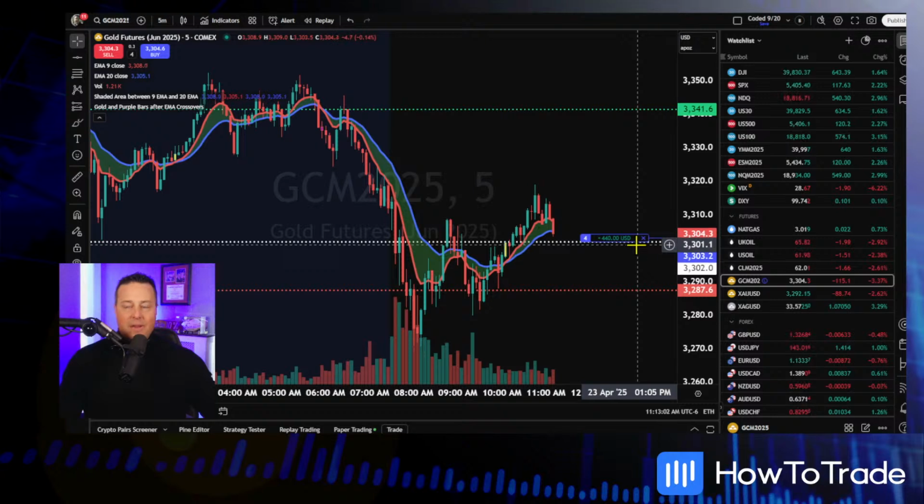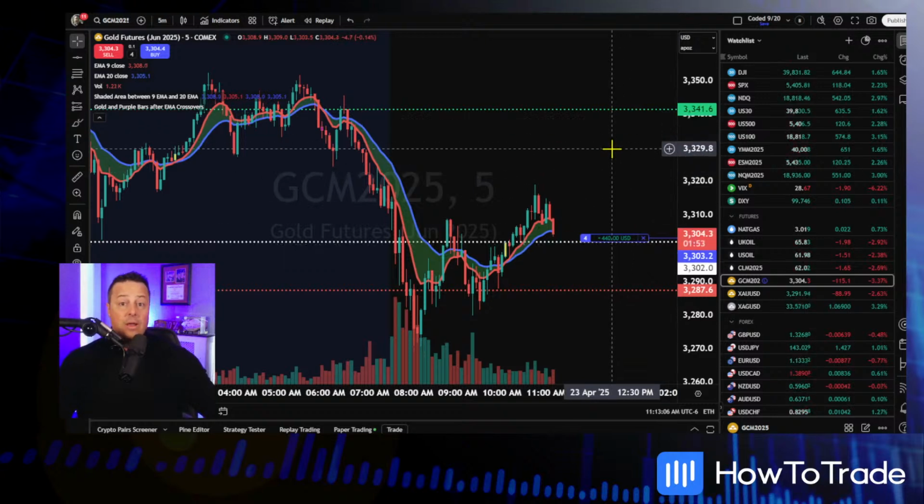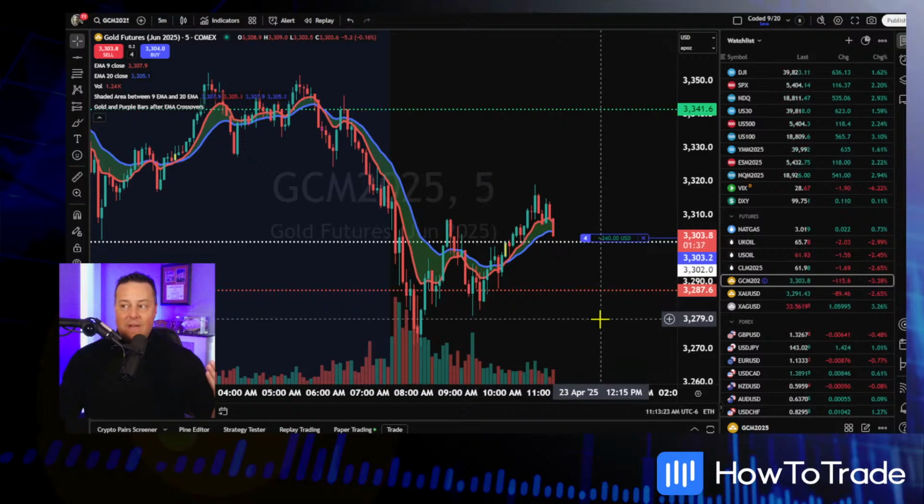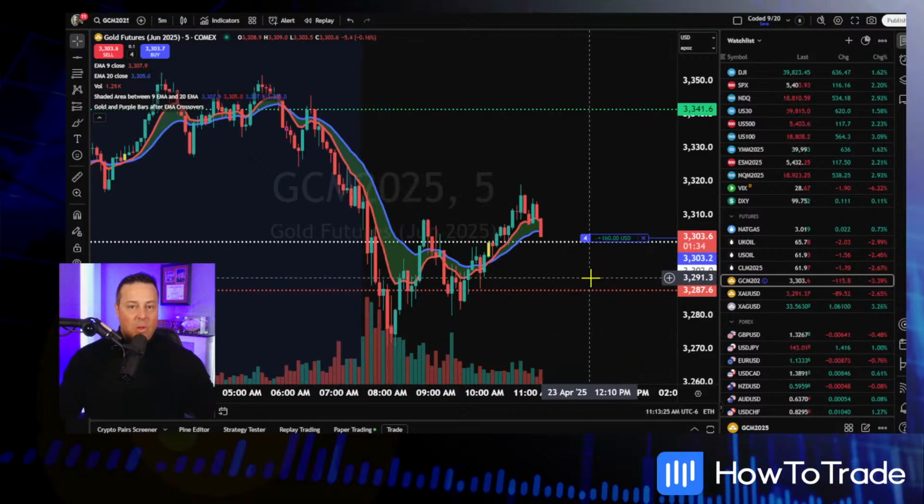You're looking at buying 303s and waiting for price to get up to 33.41. So you're looking for about a $38 move in price. Can it be done? Of course it can be done. In this market condition, especially now, it's possible. But there's no rule saying we can't go to 320, 319, and then just turn around and sell off $17, and now this trade's blowing up in our face.